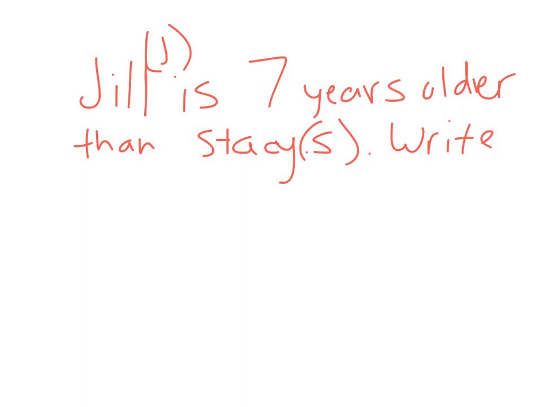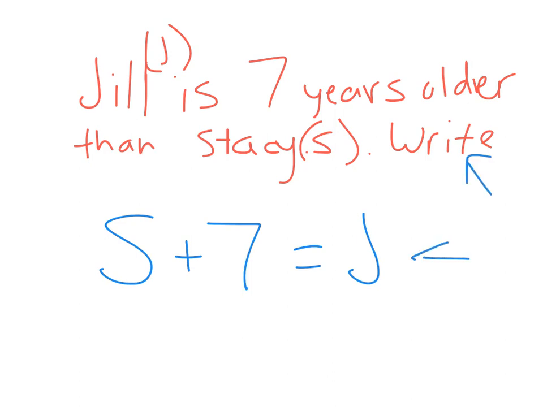Since Jill is 7 years older than Stacy, that means she is Stacy plus 7. She's whatever Stacy's age is plus 7, and that will be equal to Jill's age. So it's just a matter of taking text and turning it into letters and numbers, writing it out as an algebraic problem.